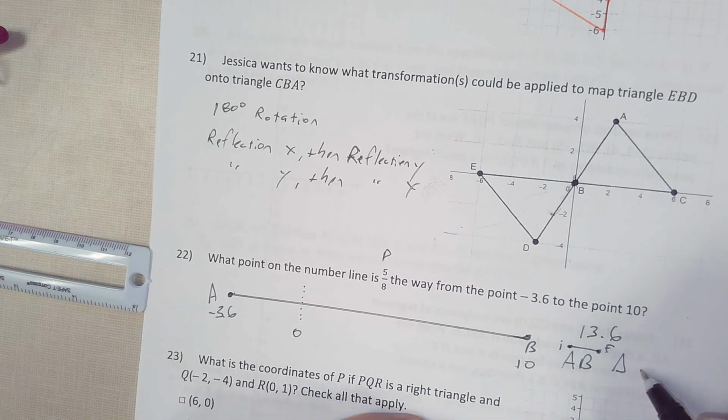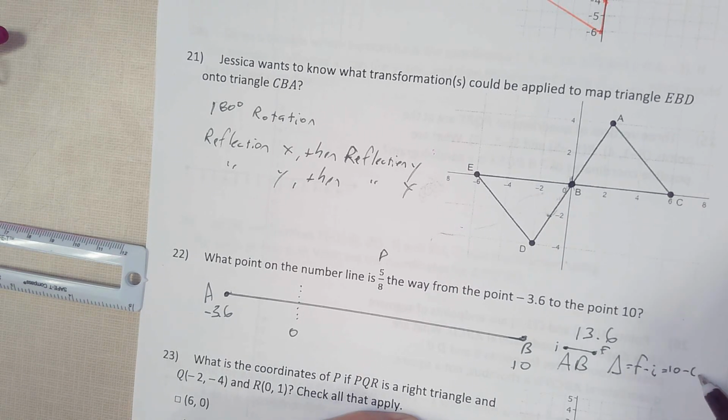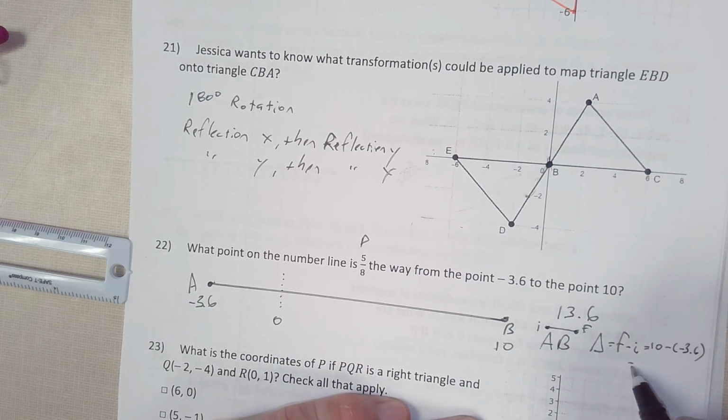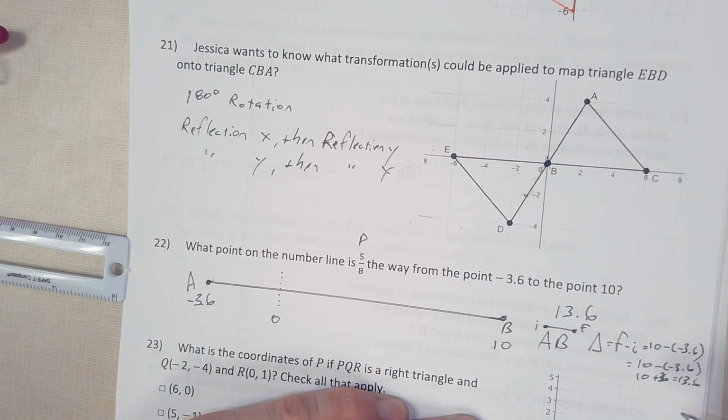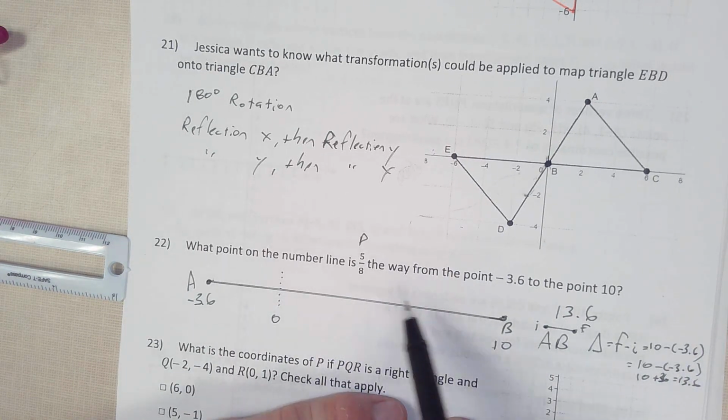The delta is your final minus your initial, which is 10 minus negative 3.6, which is 10 plus 3.6, which is 13.6. This is the algebra way, and this is the intuitive way.